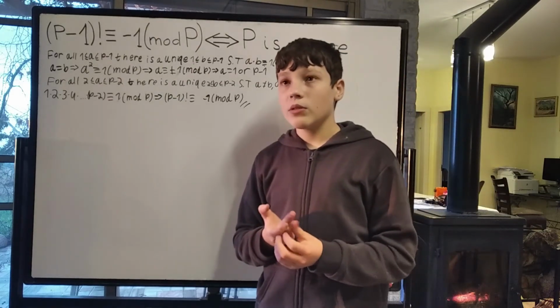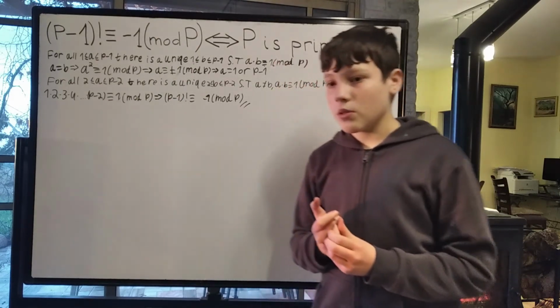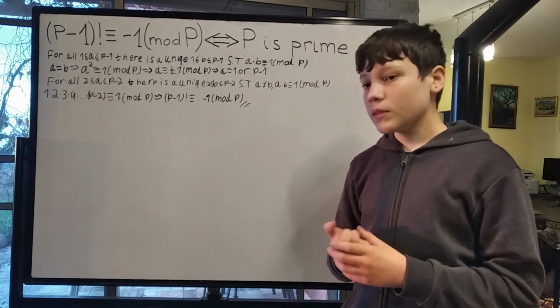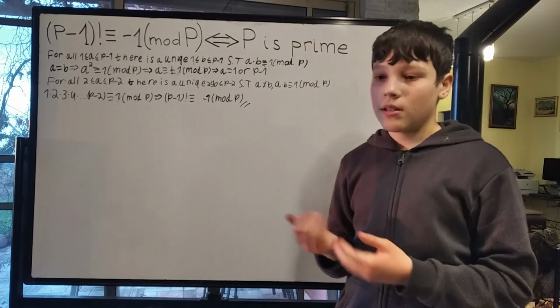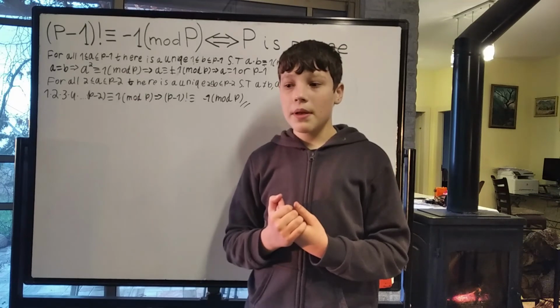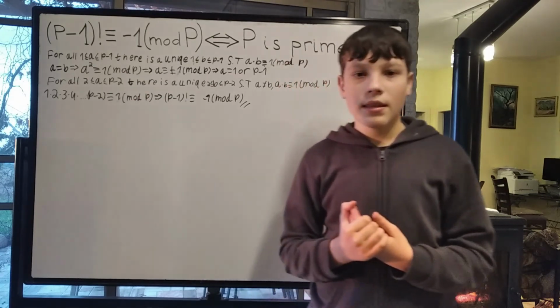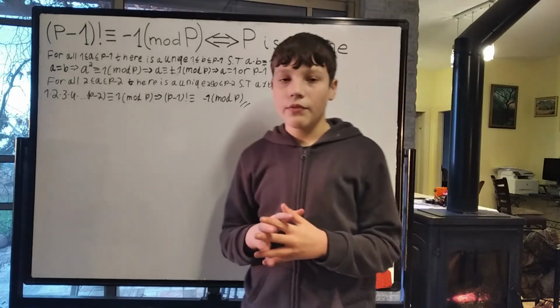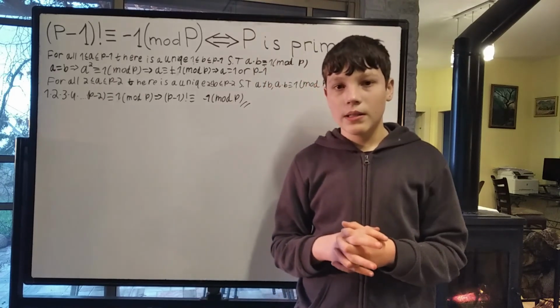And if they can, it will take so much time to actually do it. So if you thought that this can be used as a primality test, it can't. With big enough numbers, it just wouldn't work.